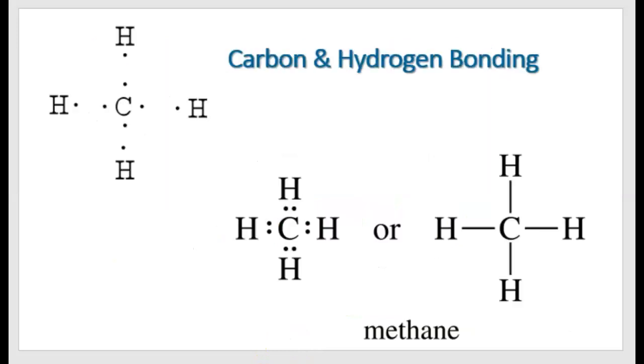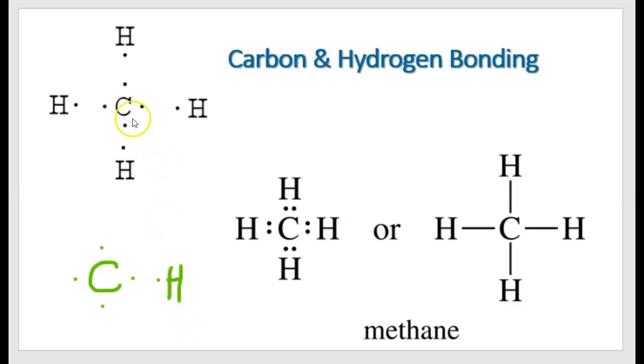So let's look at an example with carbon. We had originally the Lewis dot structure of carbon right here. It was like this. And we also had hydrogen.